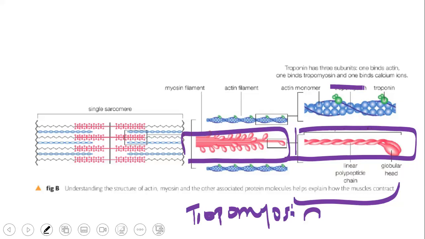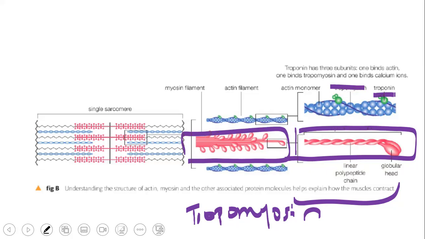In the relaxed state, when the muscle is relaxed, this tropomyosin will cover the binding sites on the actin filament, right? The tropomyosin also has molecules of another protein, troponin, and these are also attached at regular intervals along the chain.